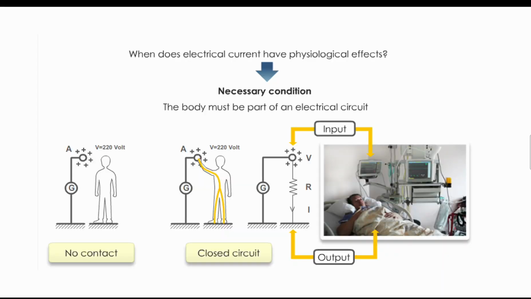But before we discuss those three types of physiological effects, we first need to understand how an electrical shock occurs. As you can see in the diagram, in the first picture of this man standing right here, there's no contact with the energized live conductor, just the ground coming from the mains. So there's no electrical shock.